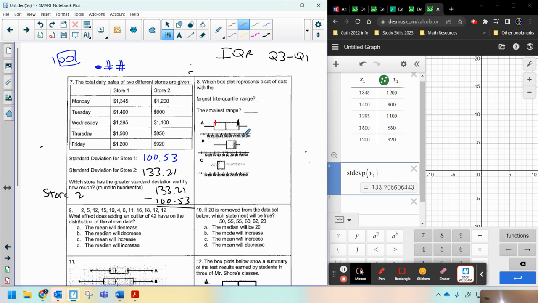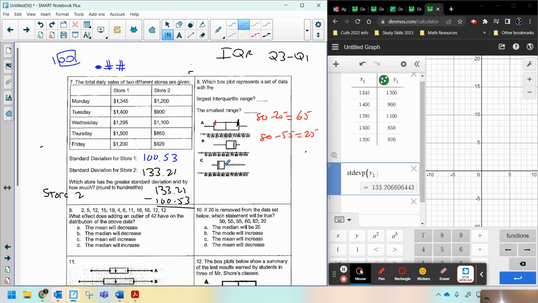Okay, so you're going to do Q3, I think that's 80 minus, that looks like 25, and that's going to be 65. For the next one, it's the last box. It looks like 80 again, minus, looks like 55, and that's going to be 25.